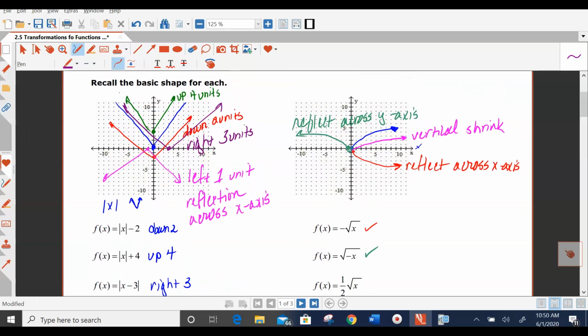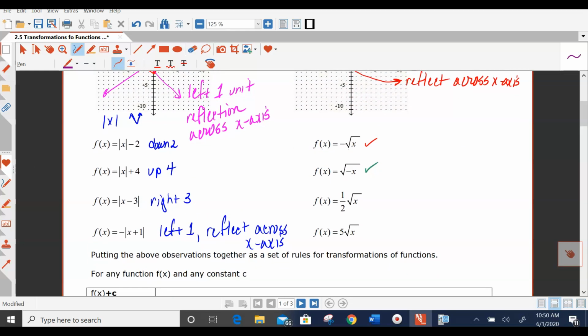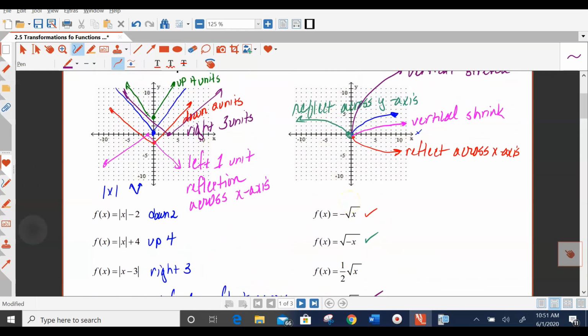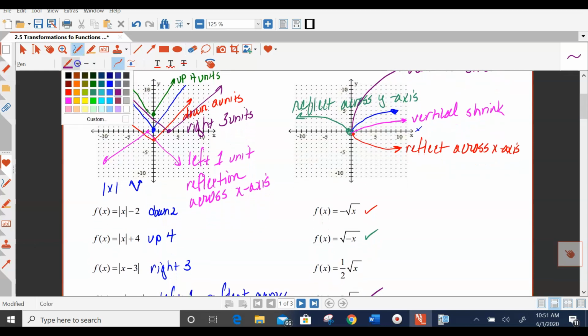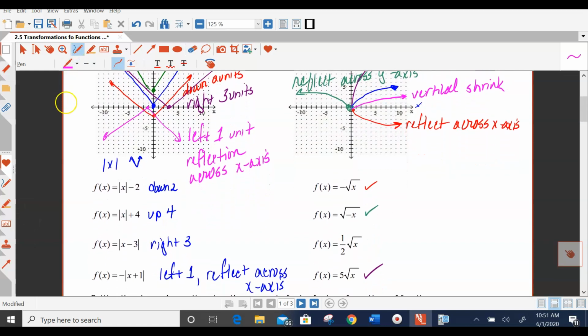All right. So now that guy does something like this. This guy, vertical stretch. Oops, what color was that 1/2? It was pink. So let me go to pink and keep everything color coded.